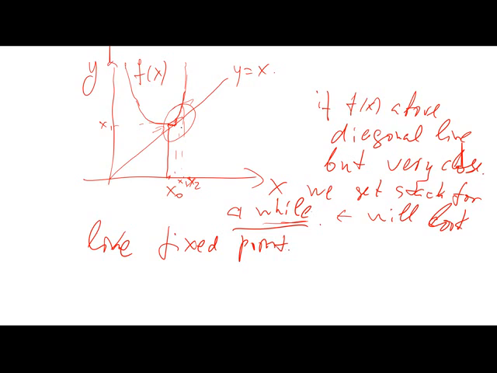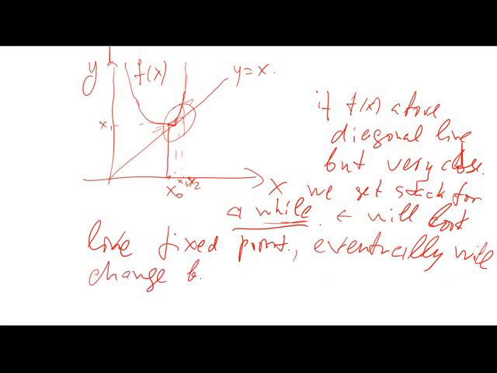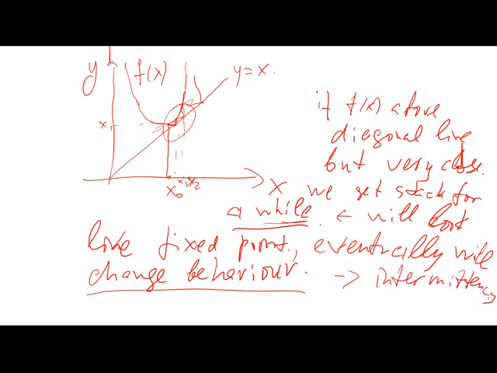But then eventually it will change behavior. It changes behavior when it gets out of this corridor, and it will go somewhere else. And this is called intermittency. My next video will be devoted to intermittency.